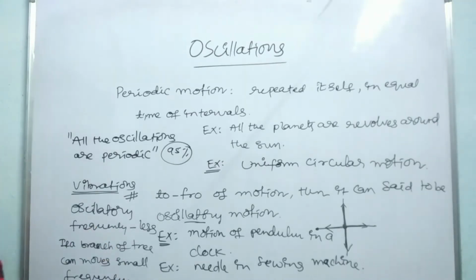Whenever the wind comes speedily, the branches of a tree move. The number of cycles per unit time is very small. Then the branches of the tree give oscillations. The frequency of those branches is very low.